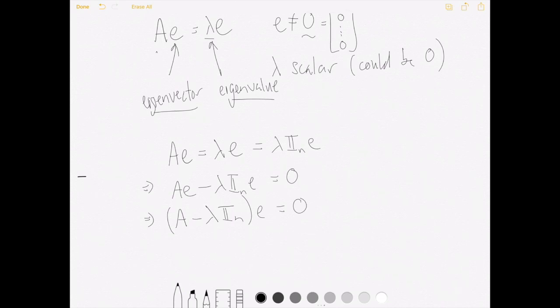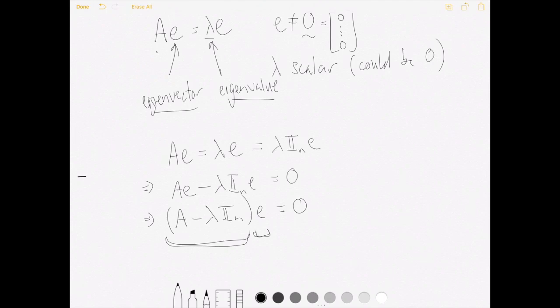Now, these are matrices and vectors, so we can't just say that either this must be 0 or this must be 0, but we can say that if this matrix here has this effect on the non-zero vector, then the determinant of this thing must be 0.